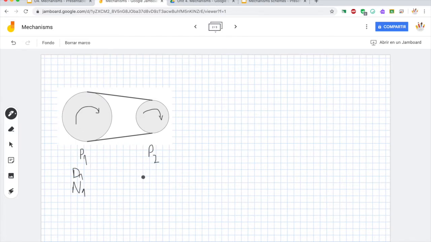And pulley 2 has a diameter, which is D2, and a speed, which is N2. In this case, for example, let's say that D1 is, for example, 30 centimeters.